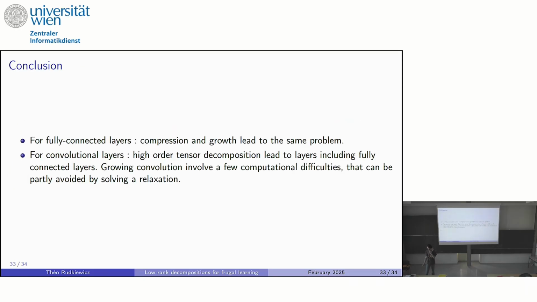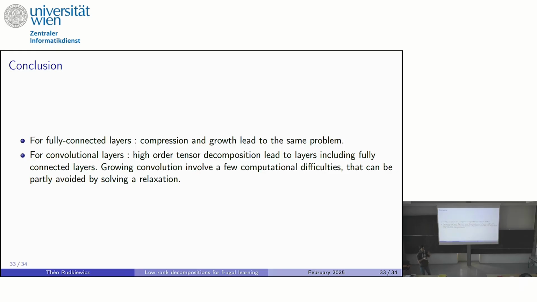So in conclusion, we saw that for fully connected layers, compressing a neural network or making it grow lead to the same optimization problem, that is a sort of low-rank linear regression that can be solved efficiently in closed form. And for convolution, the problems are different.